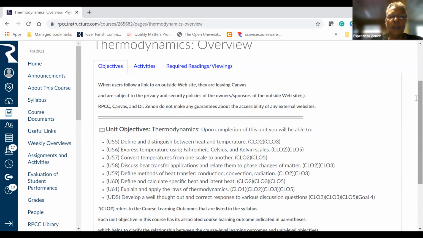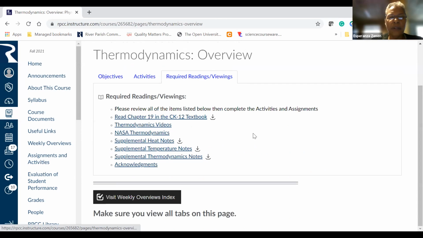Okay, to help you along with that material, I've made available to you chapter 19 in our textbook. There are some videos on thermodynamics from Khan Academy. There's also a very nice website that NASA provides that deals with thermodynamics, and we may even take a look at that when I talk about the first law of thermodynamics.